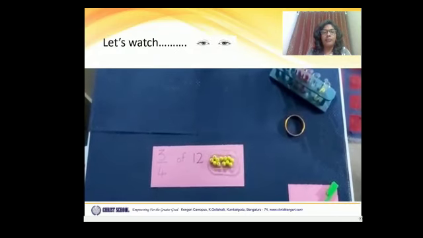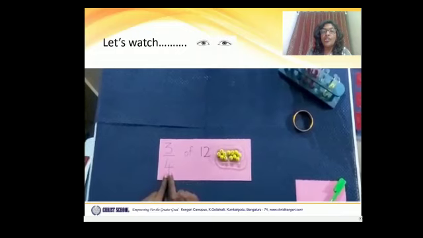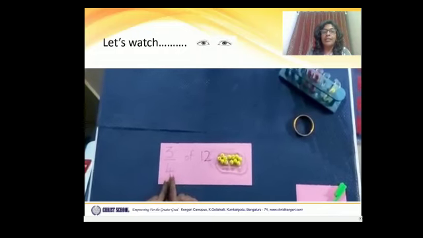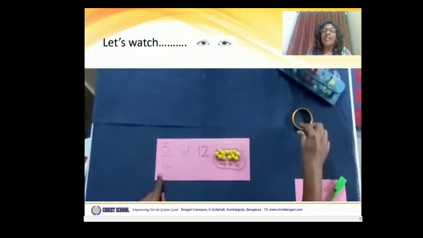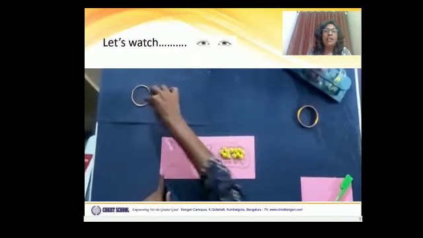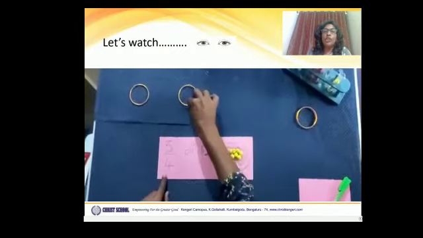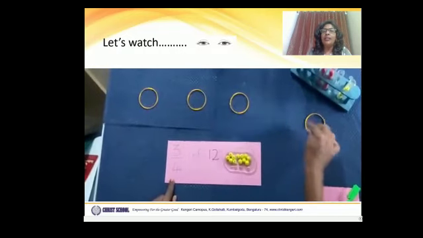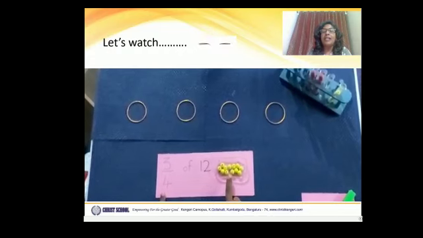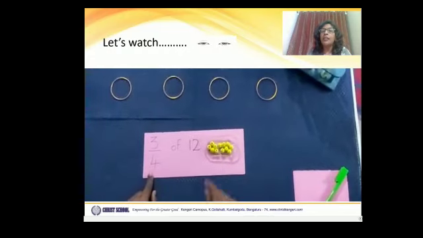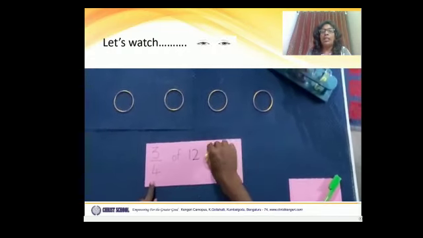Got it? Now the denominator is 4. So let's make 4 equal groups. 1, 2, 3, 4. And distribute the beads among the 4 equally.